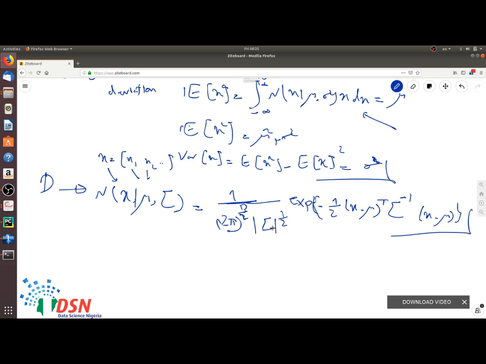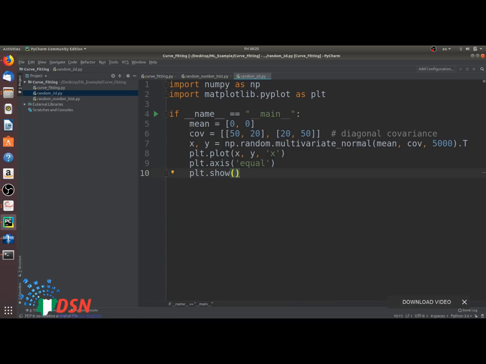This is for the d-dimensional case, which we saw an example of at the first of the session.